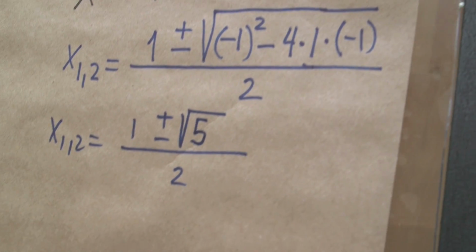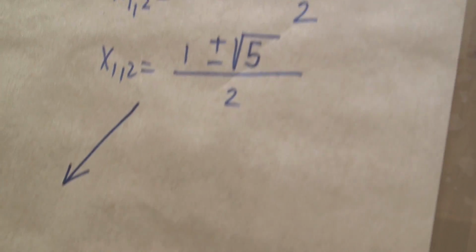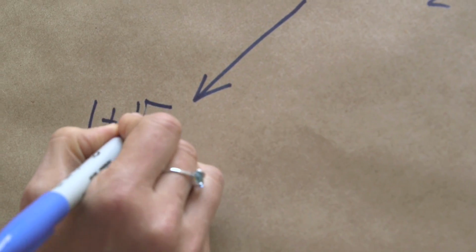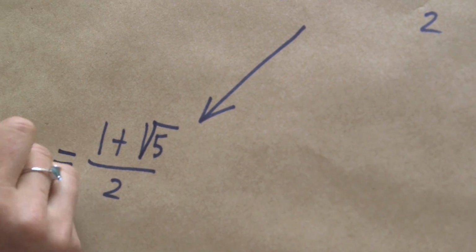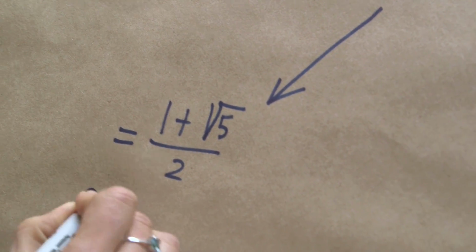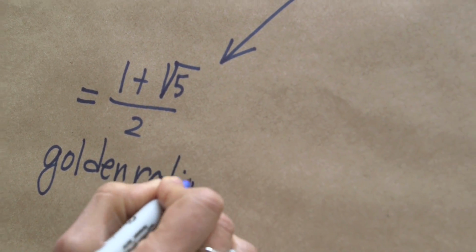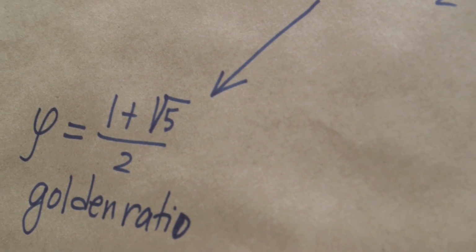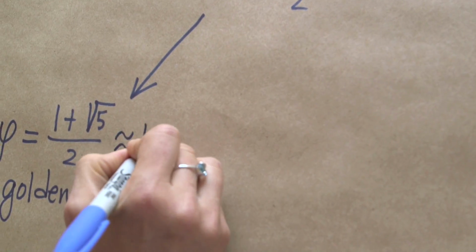And bingo, we end up with 2 possibilities. One of them is 1 plus square root of 5 over 2, which is known as the golden ratio, and it is denoted by the Greek letter phi. And if you wonder about how large this number is, it's approximately 1.6.